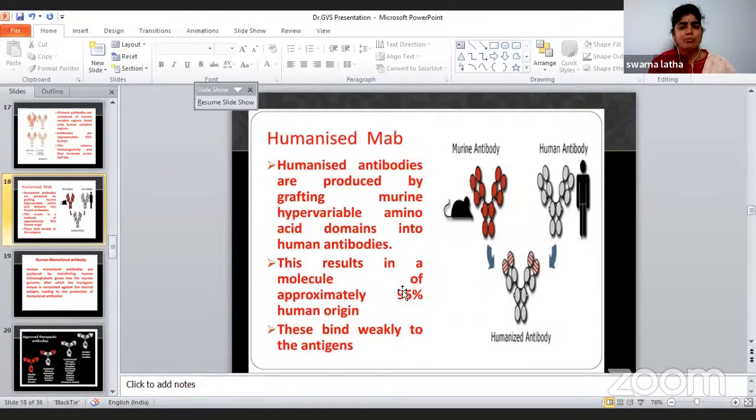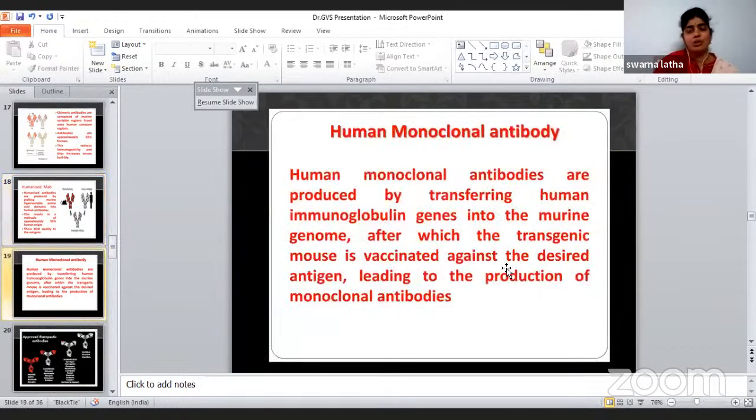So we can say 95% is of human type. There will be low immunogenicity and low allergic reactions in the human individual, because they are almost completely of human type. Only the hypervariable regions are collected from the mouse and introduced. With respect to binding capacity, because we are directly adding the hypervariable regions, there may be weak interactions with the antigen also.